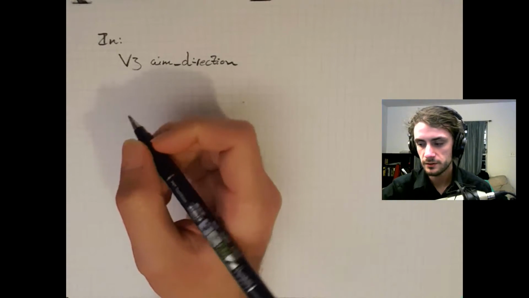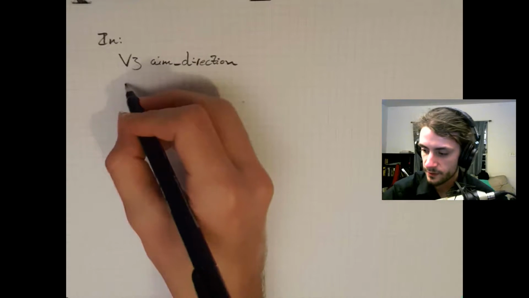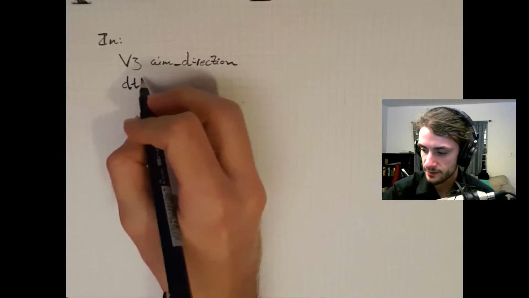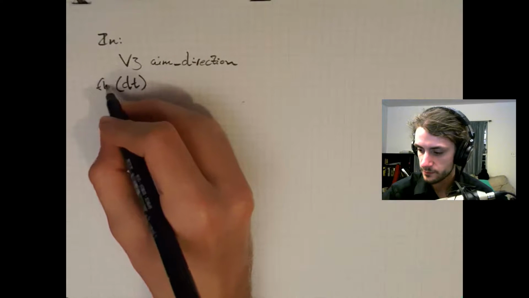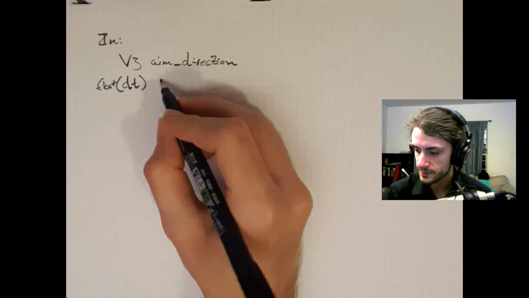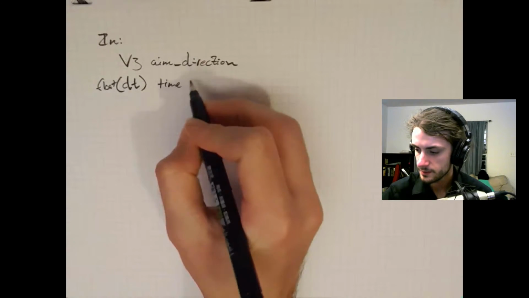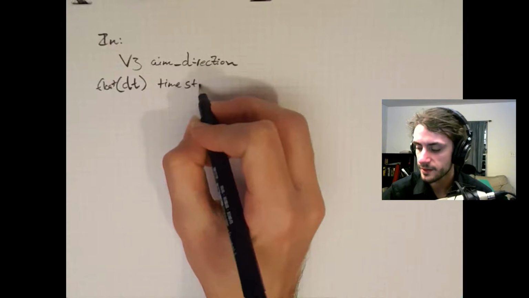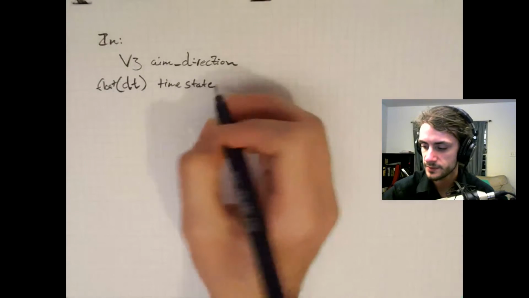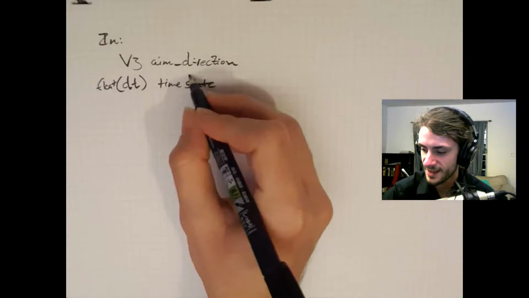That should really be it, but maybe there will be some other things like the delta t, which should be a float. Time step. Basically the time between frames is what I'm trying to say.